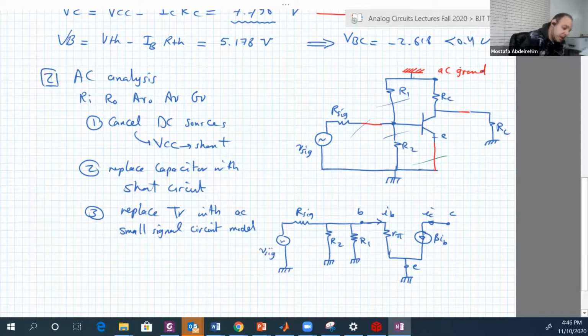Good. Now we go to the collector, the last thing. I have only two branches. This is RL, guys. RL to ground and RC to ground. I always prefer to draw RC first, then at the end, RL.